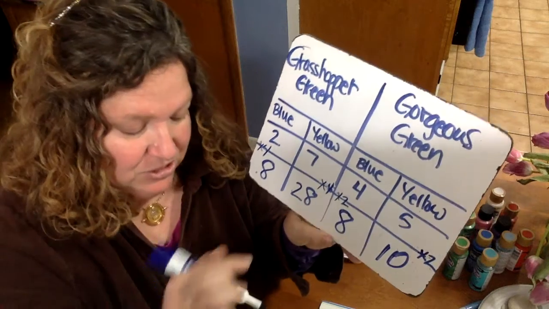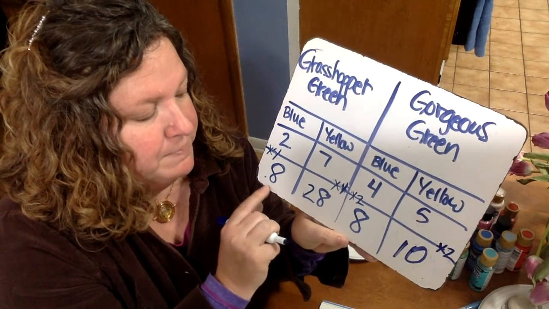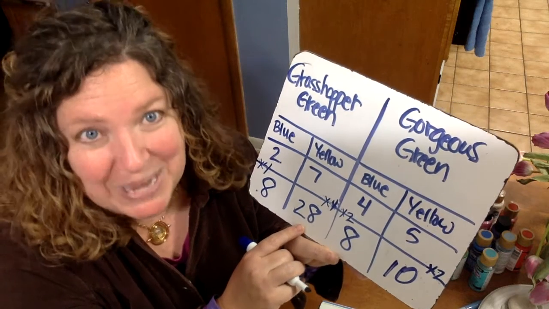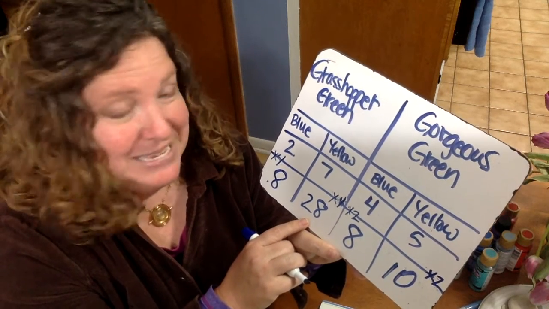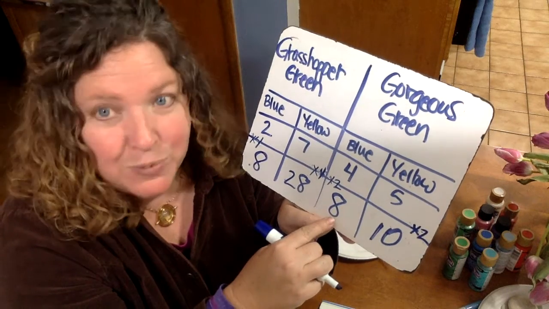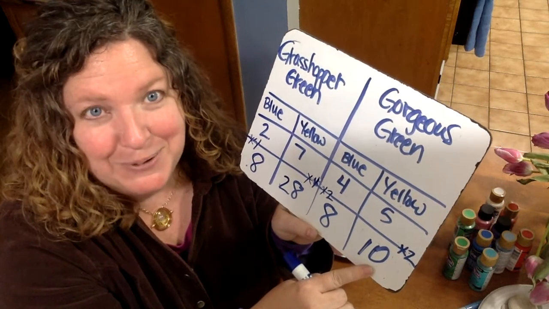Now, take a look. The blue is the same. For every 8 blue squirts of grasshopper green, we need 28 squirts of yellow. Well, that's a lot. What about gorgeous green? For every 8 squirts of blue, we need 10 squirts of yellow.